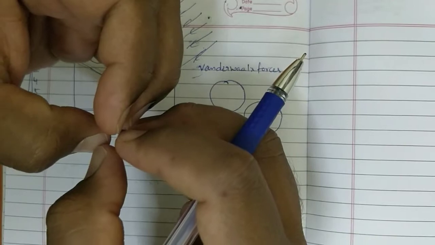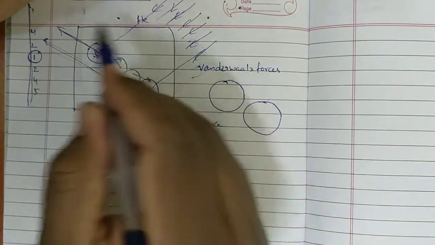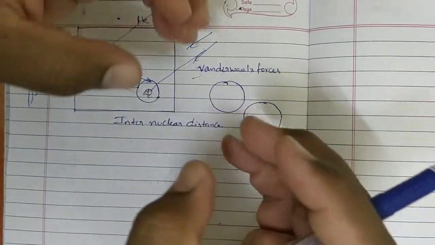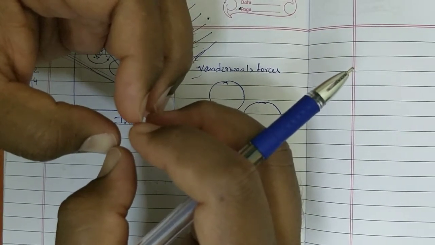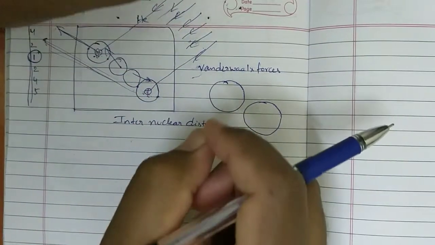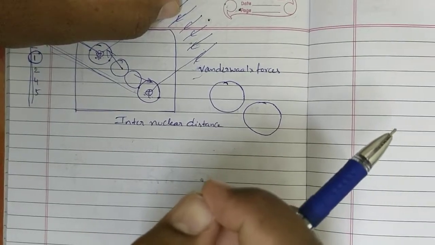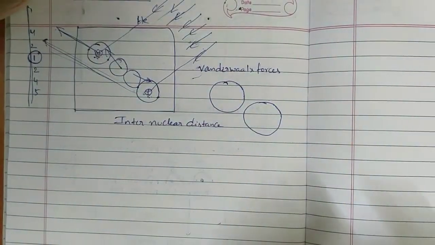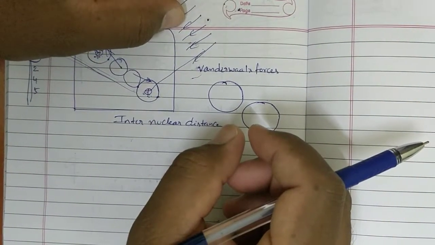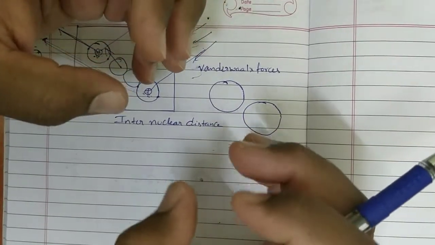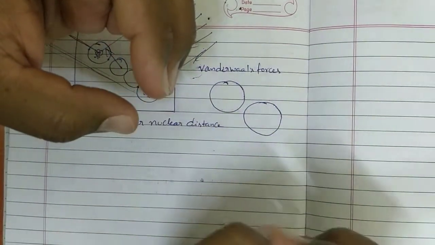If this helium is exposed to X-rays also, we are not able to find the exact value of that collision distance. Why? That collision time is very small, 10 power minus 9, 10 power minus 10 second. Within 10 power minus 10 second, again they will collide and go back. That fast the collisions take place between the gas molecules. So scientists are not able to find the exact collision distance between the nuclei.